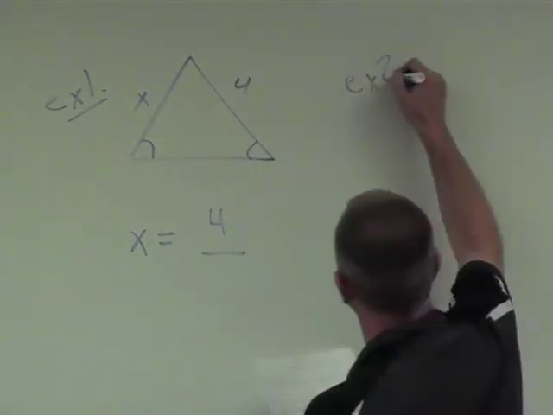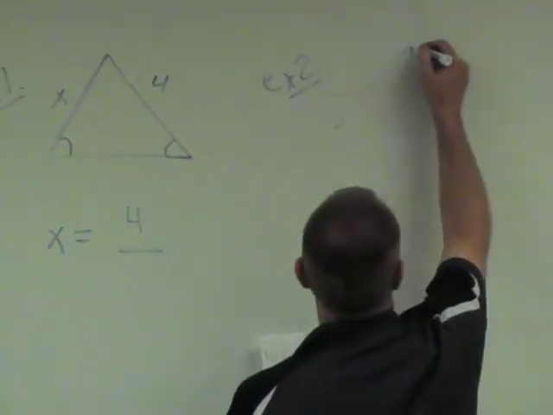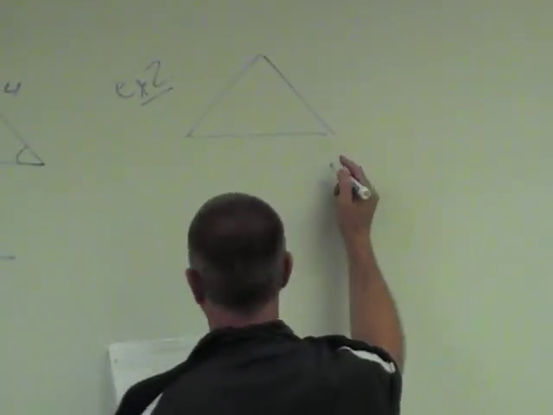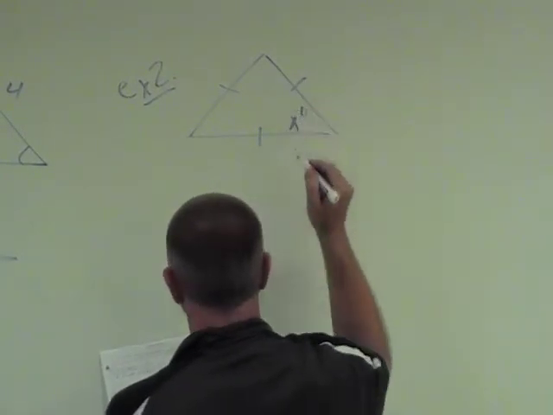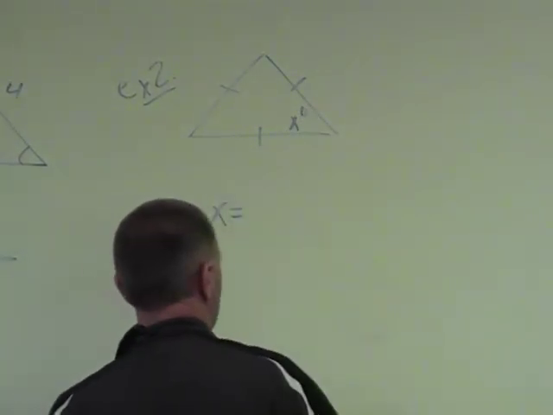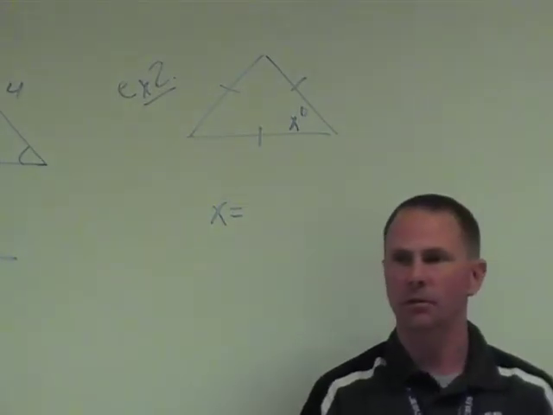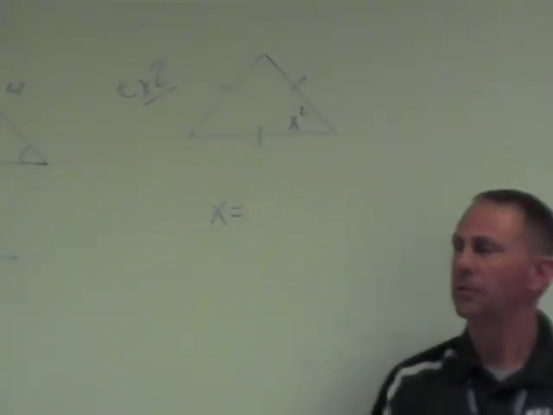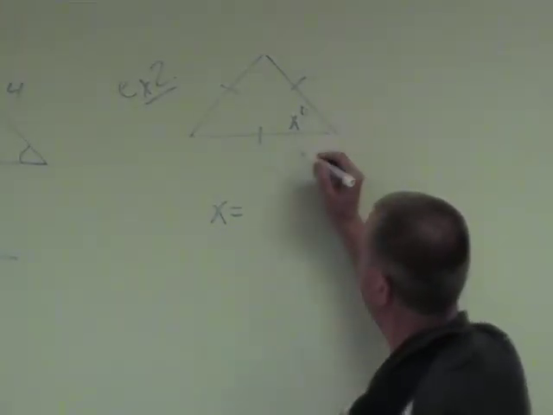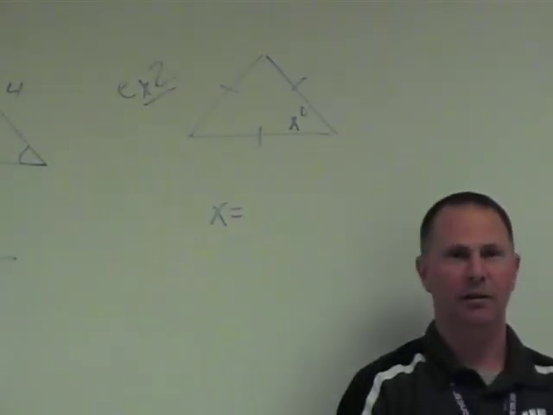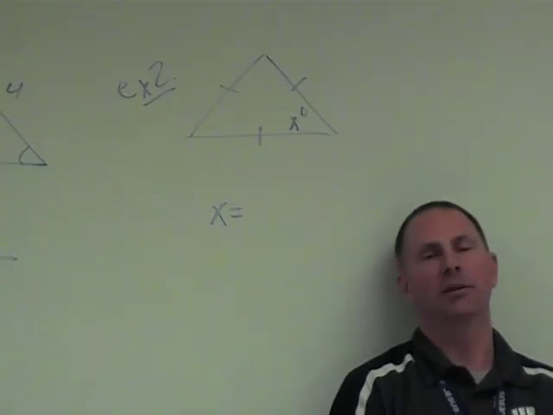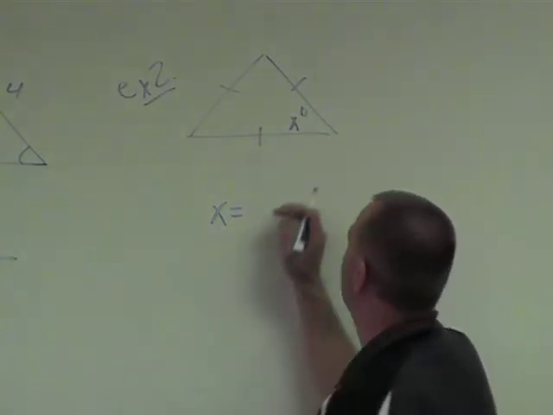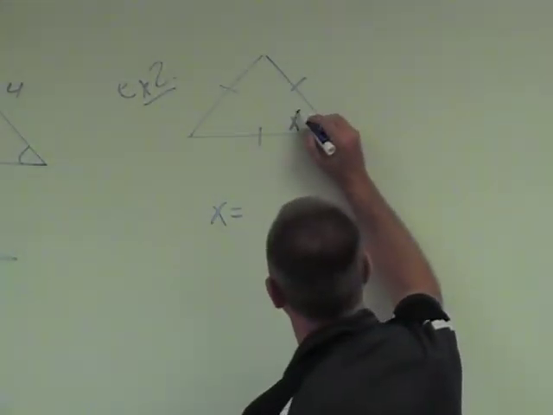Example 2. How about this one? What is x equal? What's the thing above the x? A degree. I guess if you want to get really technical, that's what a degree looks like.